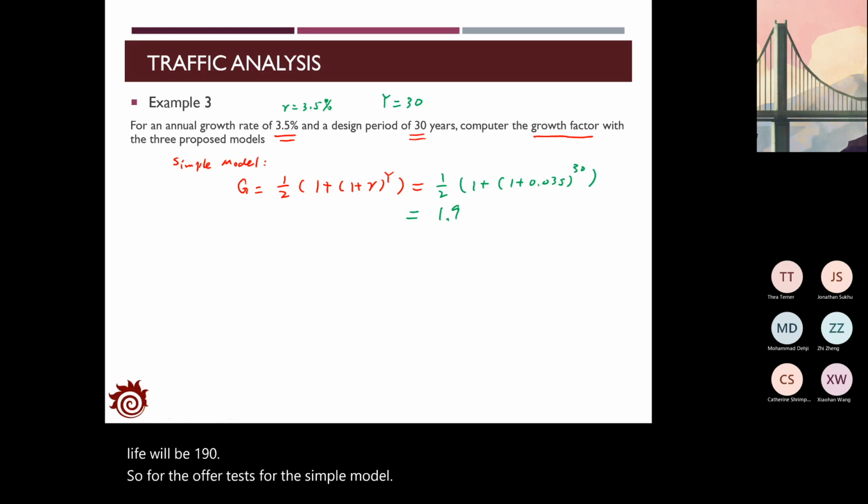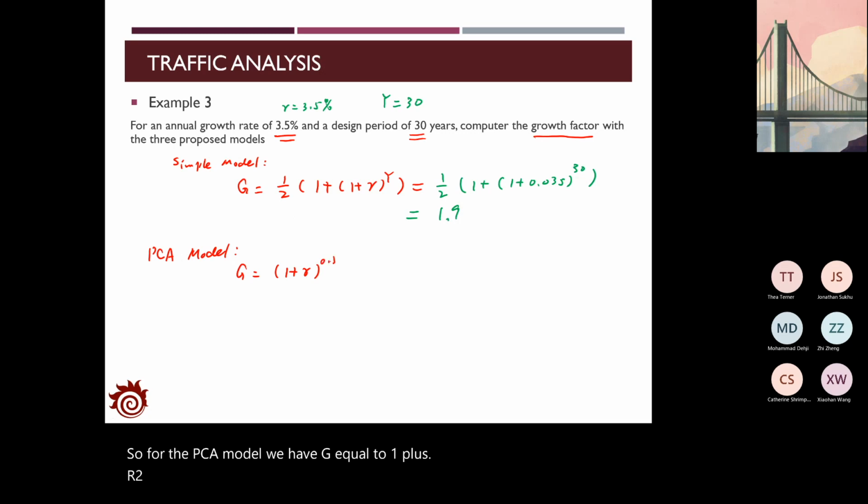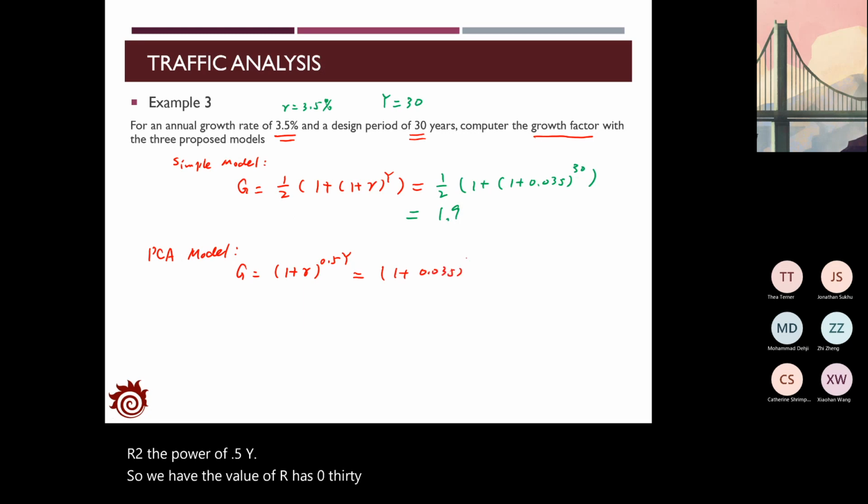The next model is the PCA model. For the PCA model, we have G equals (1 plus R) to the power of 0.5Y. So we have the value of R as 0.035 and design year 30, which will give you the value as 1.68.